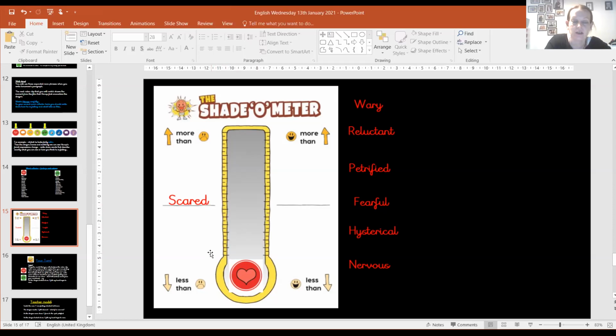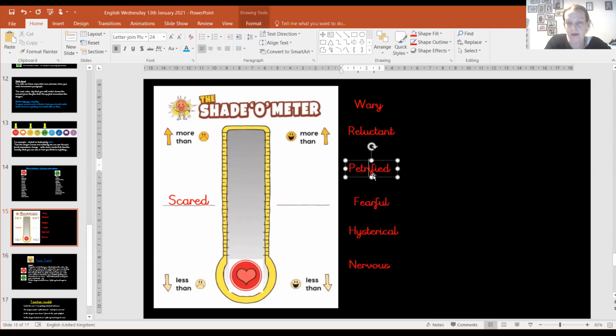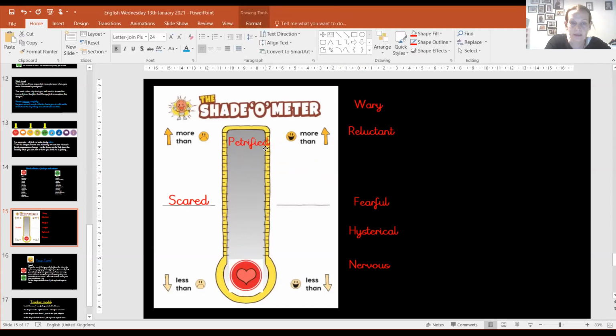So you could feel a degree of scared, but not quite scared, or you could feel absolutely petrified because you may have a fear of heights, for instance. So this is what our shadometer does. It gets us to rank our words in sort of order. So I'm going to put petrified here at the top because petrified means that it is a lot more than scared. It's much more than scared.